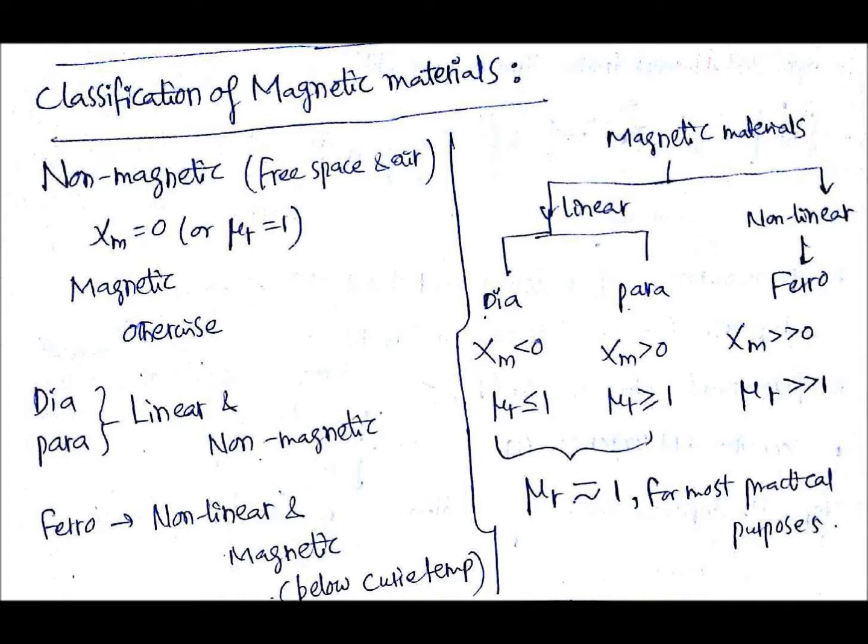And coming to the non-linear, that is ferromagnetic materials, chi-m is much greater than 0, so mu r will be greater than 1. Suppose mu r is equal to or approximately equal to 1 for most practical purposes in which we use magnetic materials.